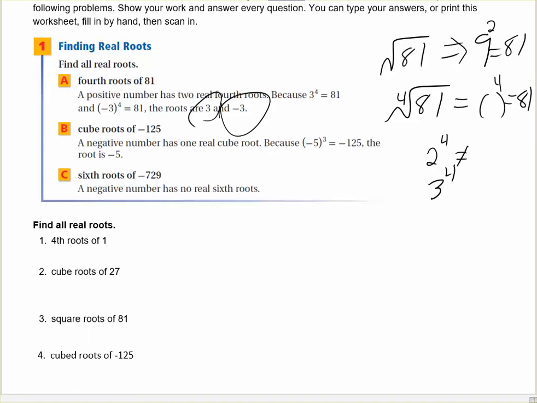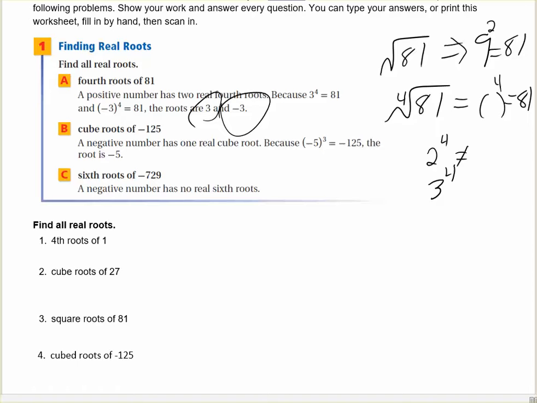Second root, which is a square root, fourth root, sixth root, and so on, if you're taking it of an even number. The cubed root of negative 125, there's only one root for that, and it's negative 5, because negative 5 to the third power is equal to negative 125. And 5 to the third power would be a positive 125, so there's not 2 roots for an odd one.